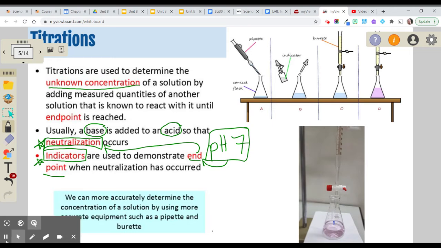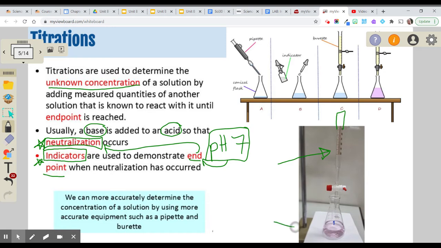Now, when we're doing a titration, we use some very specialized equipment. Unfortunately, being that we're online, we're not going to be able to use this equipment, but we're going to do some virtual labs as much as possible here. So this is one of the pieces of equipment that we're going to be looking at. This is the burette. This is a very long piece of glassware that contains one of the solutions.